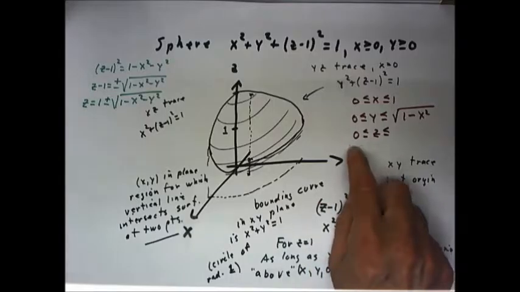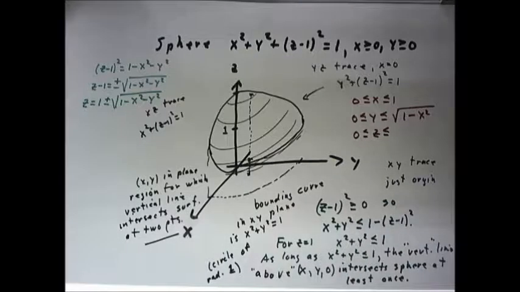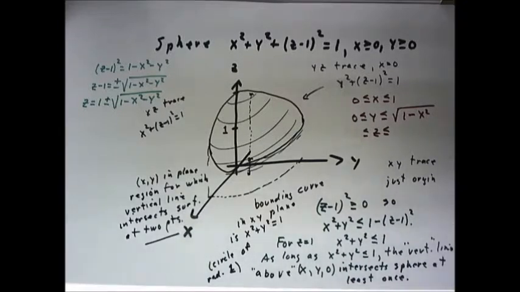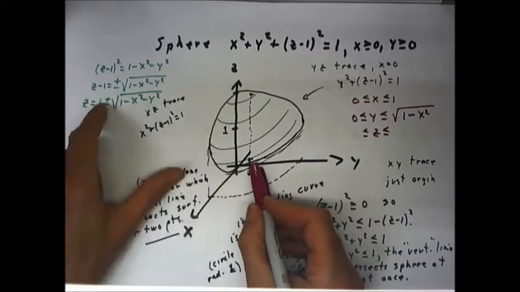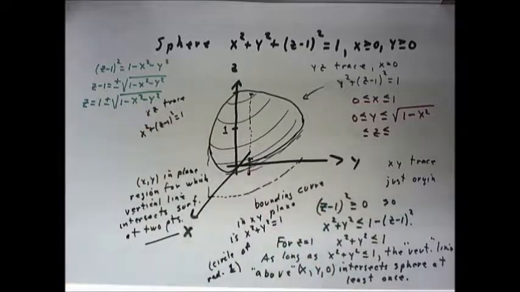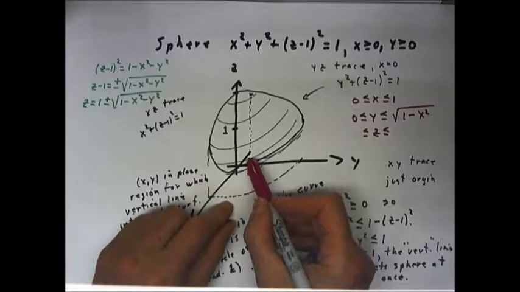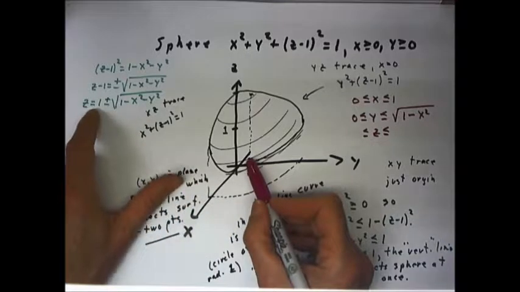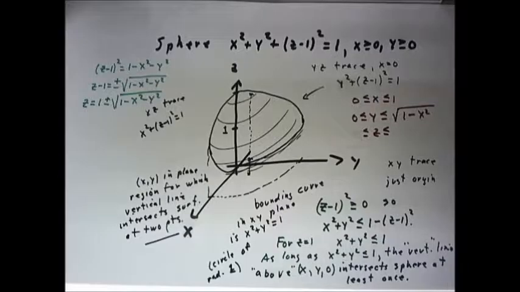It is getting a little late, but I should know better. I wrote a 0 here without thinking because that's what we did before, so I have to fix that. And there is no surface between z equals 0 and z equals 1 minus the square root of 1 minus x squared minus y squared. The surface doesn't start until we hit the point where z equals 1 minus the square root of 1 minus x squared minus y squared.